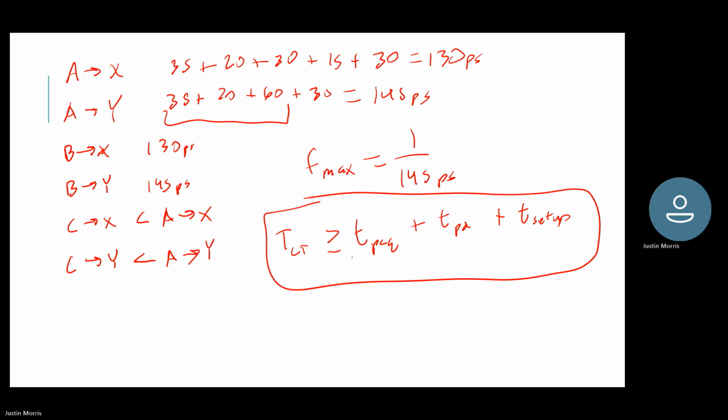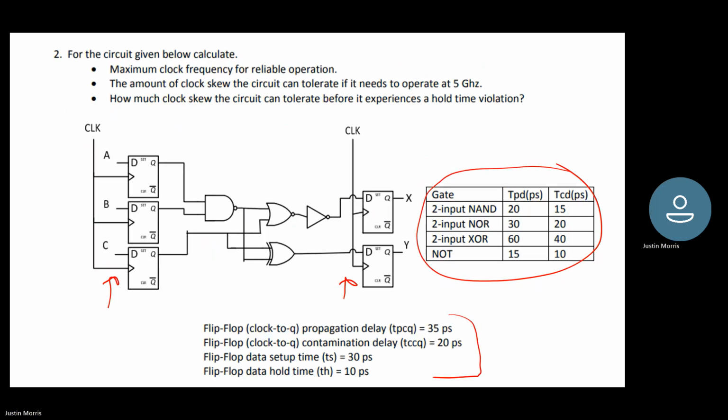Okay. Because we need to get from the output of the first flip flop. So input comes, and we need to go from the output here all the way to the input here. So we have to go through the flip flop, which is the PCQ, and then through this circuit.